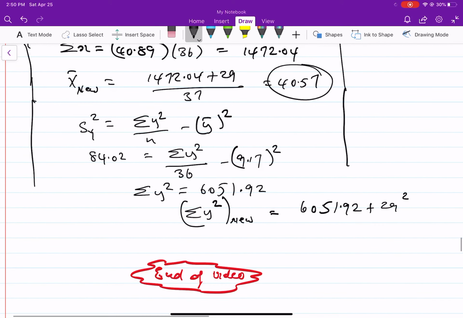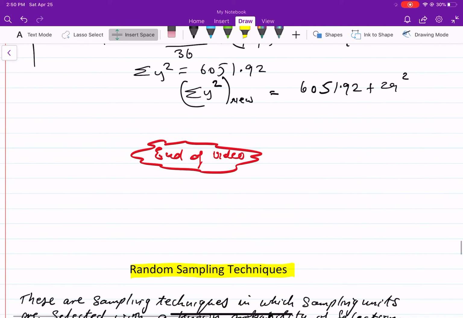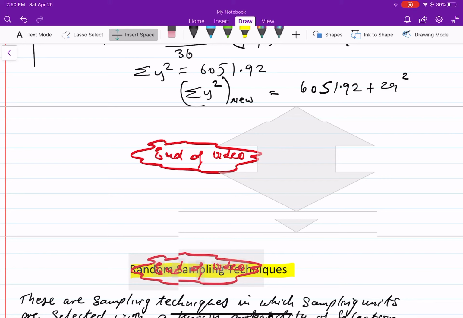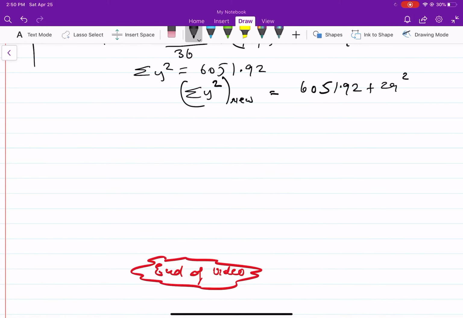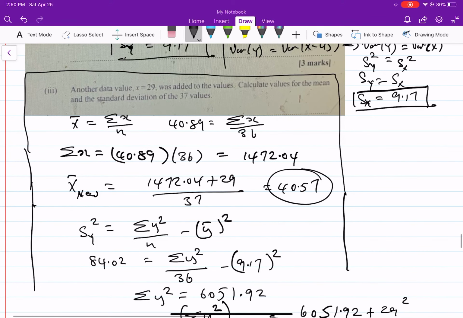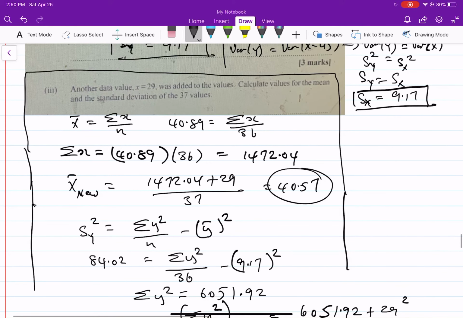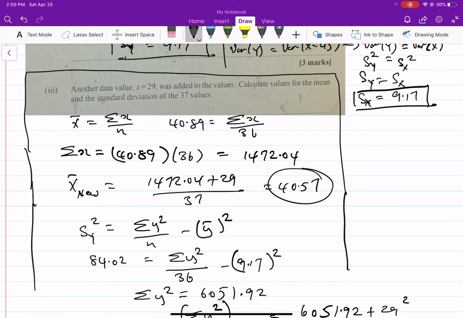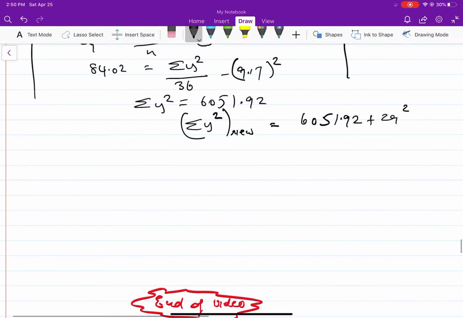By the way, I would have to calculate a new y bar, right? That should be easy to do. Yes, the new sigma y squared would be 6892.92.